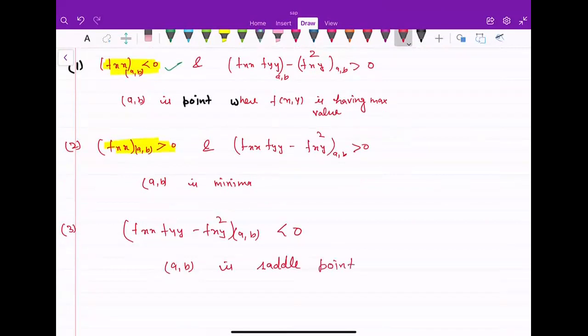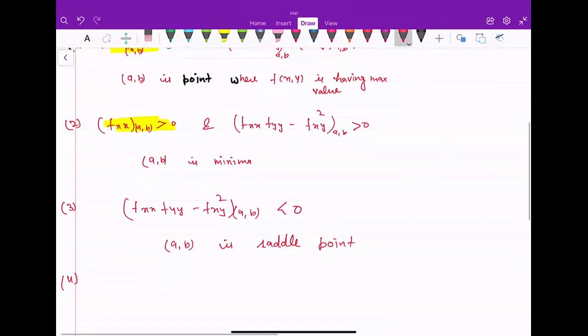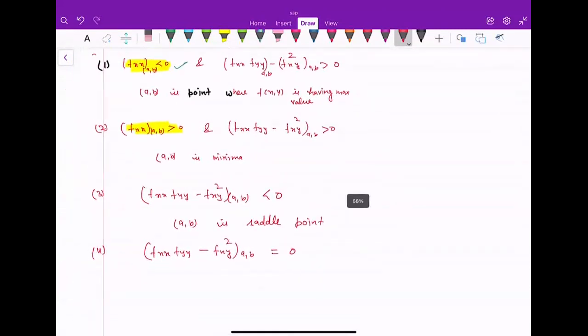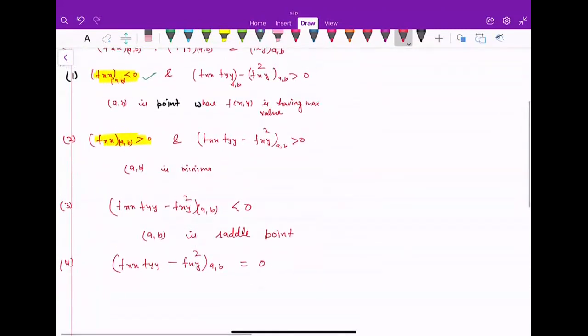And the fourth case is, if fxx fyy minus fxy square at the point AB is coming out to be 0, then we cannot say anything about the point AB. We will say the test is inconclusive.